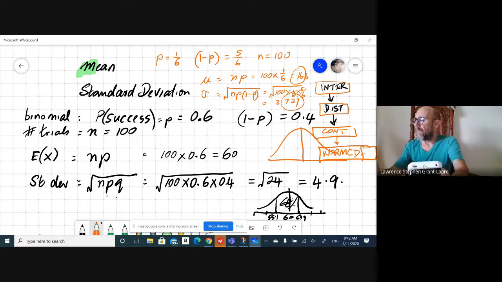Okay, the lower limit, you put 10, because we want more than 10 sixes. The upper limit, let's put infinity. We want to go right through to infinity. This is using our normal curve.